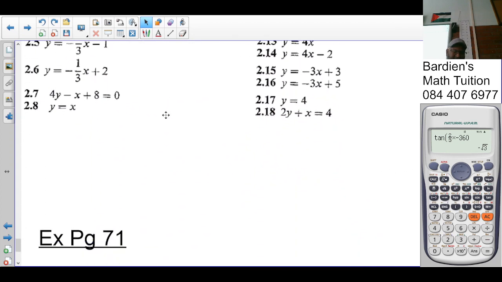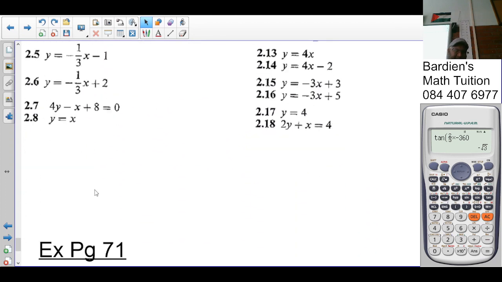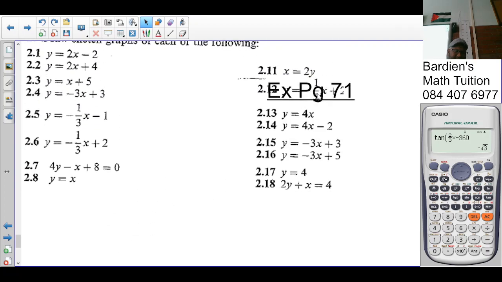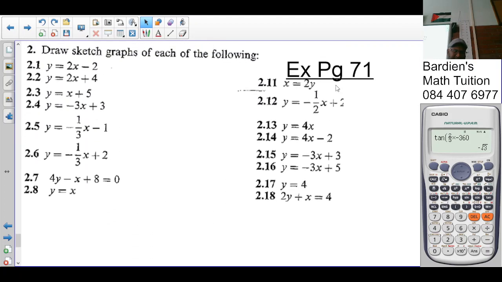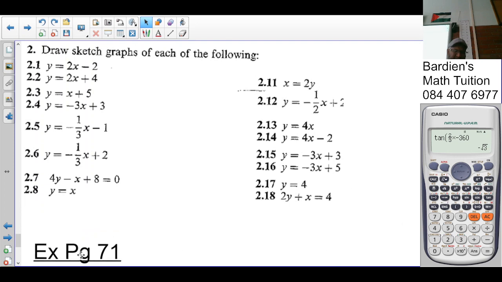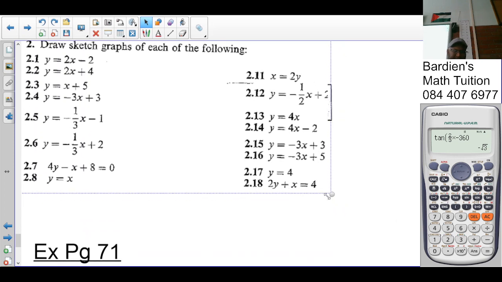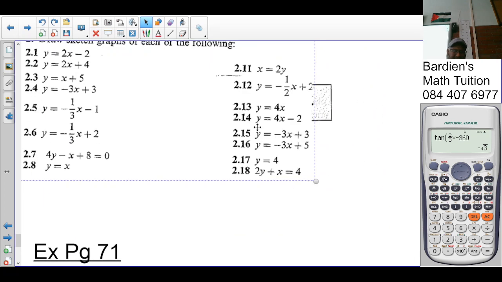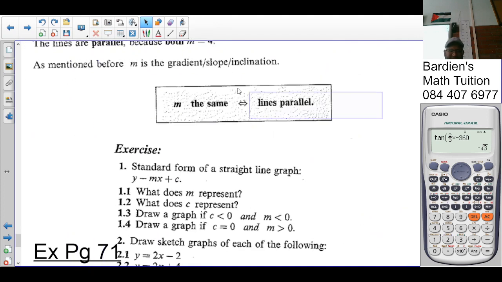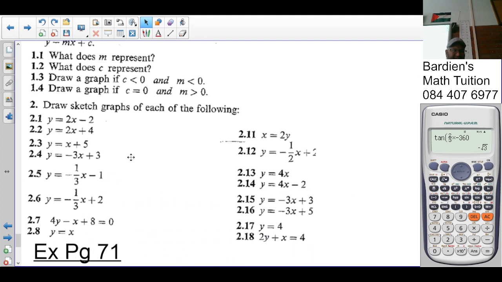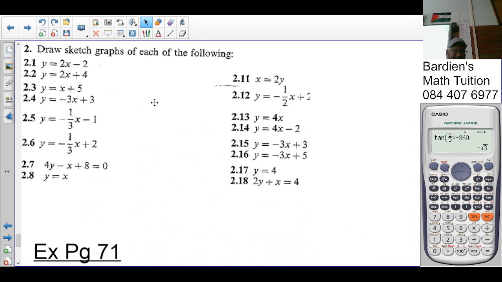So, looking at the first one. What 2.1 we've done, 2.2, 2.3, 2.4, 5, 6.